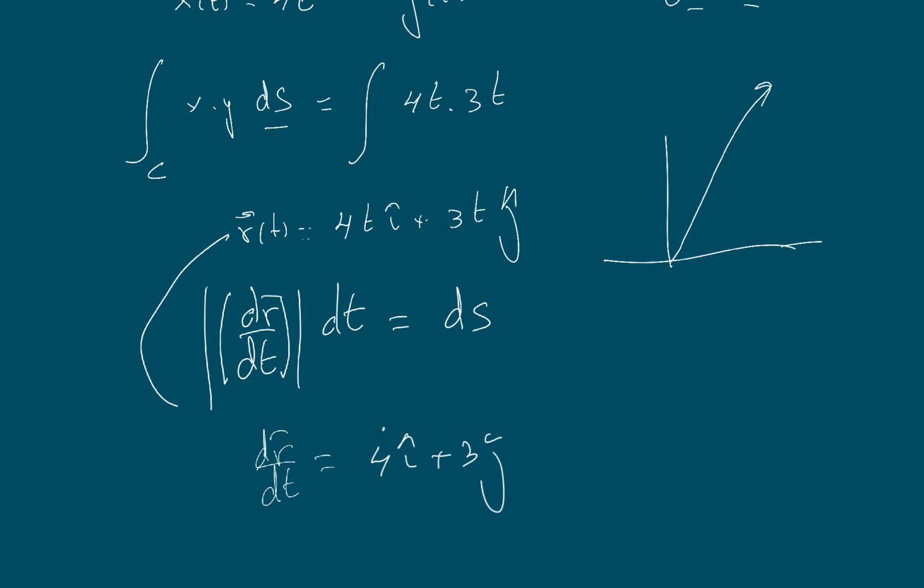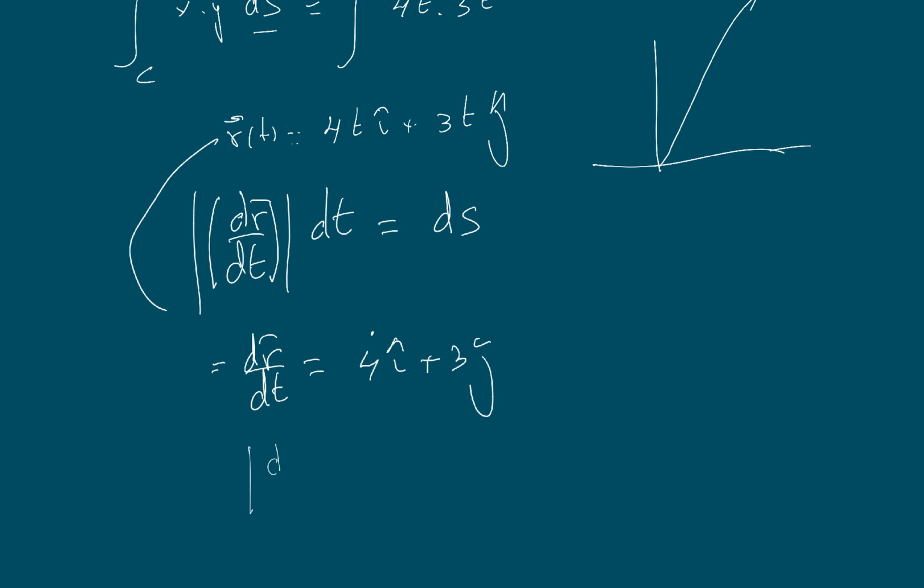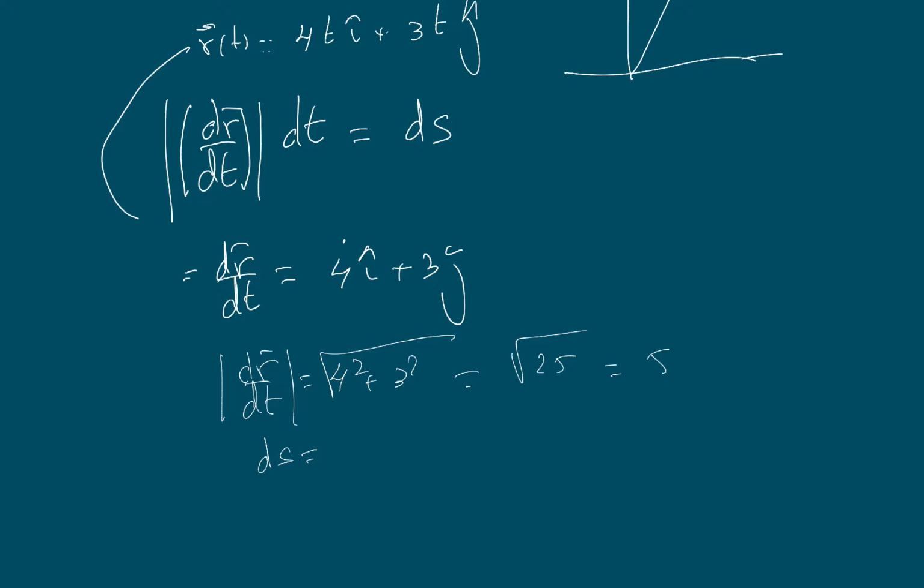So I may have the magnitude of dr/dt, which will be the square root of 4 squared plus 3 squared, the square root of 16 plus 9, 25. The magnitude is 5. So ds is the magnitude of dr/dt times dt, so ds is 5 times dt.